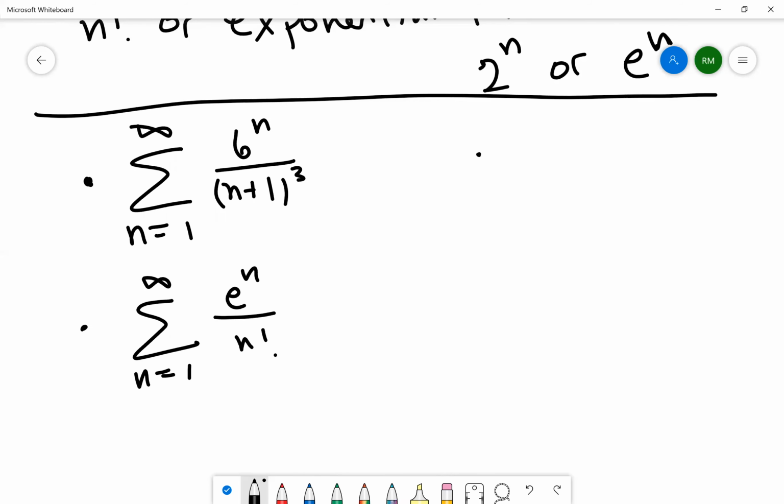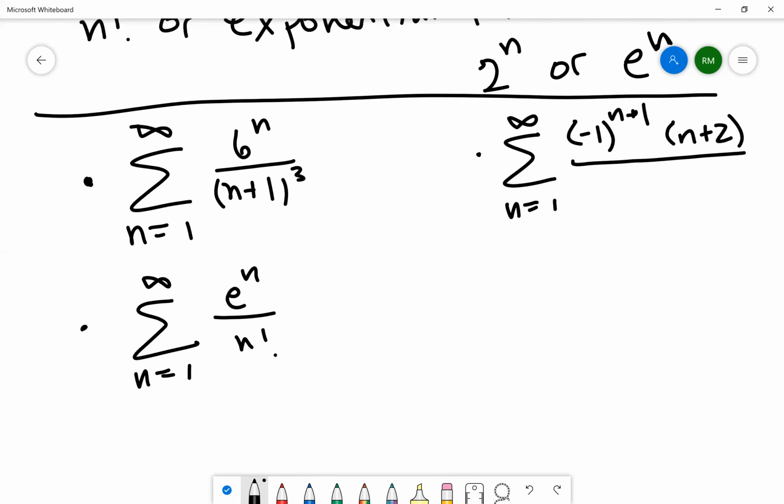I'll put one over here. Technically, to do the ratio test, we need to take the absolute value. So when you're doing this last expression, when you take the absolute values, the -1 part will go away.